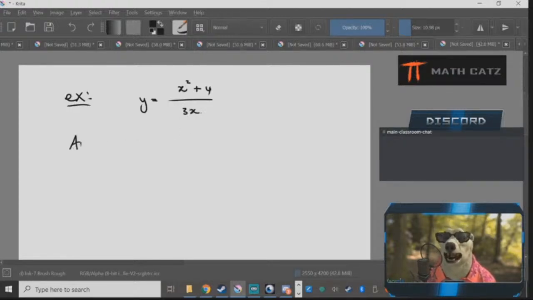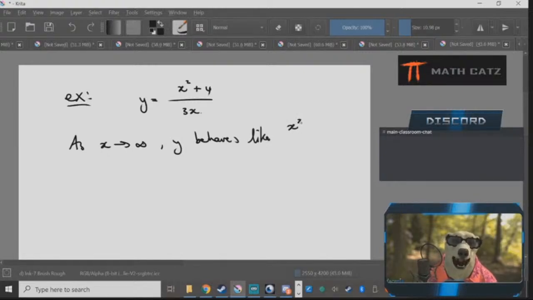Long term, so let's take x going to infinity. It doesn't even matter which one. Y is going to behave like the ratio of leading terms: x squared over 3x, which I then simplify to 1/3 x.